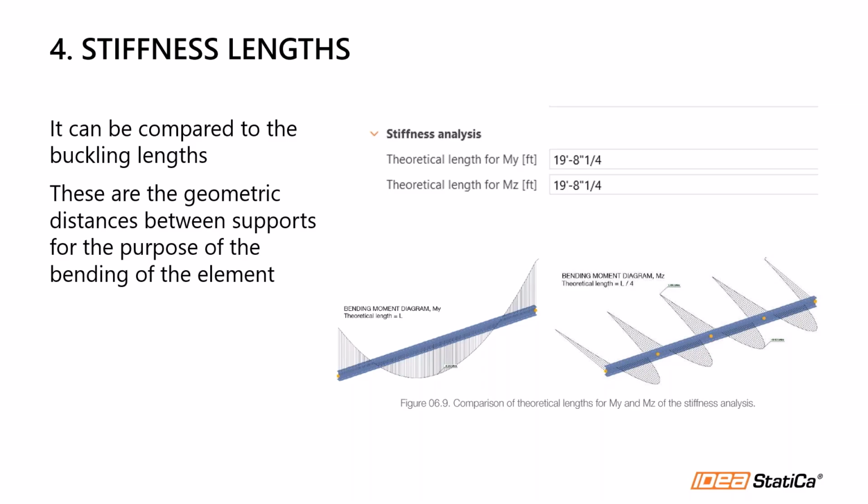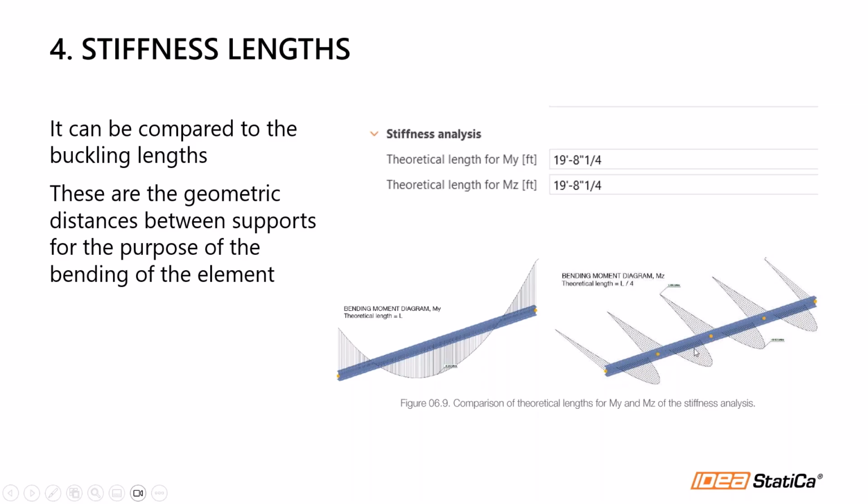An example with a different theoretical length for each direction could be, for instance, a roof beam, right? Because it can maybe have stiffeners to restrain rotation on only one side. So here you can see the comparison between the MY theoretical length, which in this case is the whole length, and for MC, in this case maybe you have a stiffener every 2 feet or whatever distance you have there, so that is restraining the bending in the C direction.